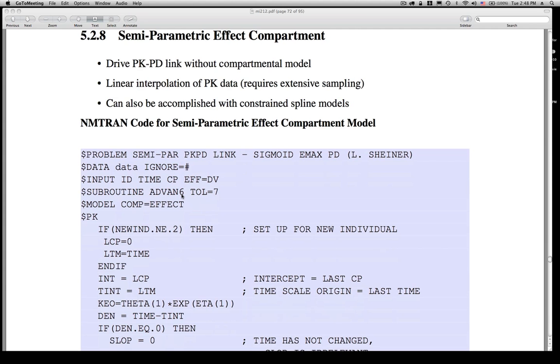And you have rising and falling concentrations, and then you have similar rising and falling response, but the response is not in equilibrium with the concentration. There's some lag behind. There's a disequilibrium there, and so we want to use some sort of an effect compartment to represent that lag.